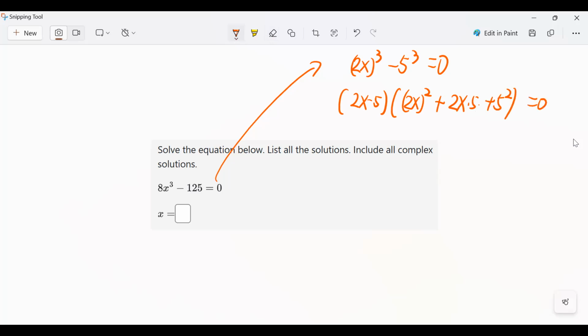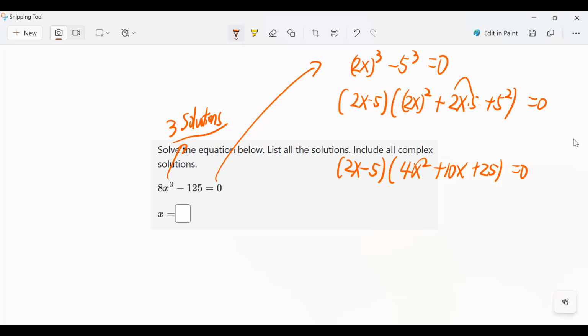Now simplify, so we get 2x minus 5, this term is 4x squared, 2x times 5 is 10x, adding 25 equals 0. 3 solutions. So this cube here indicates 3 solutions.